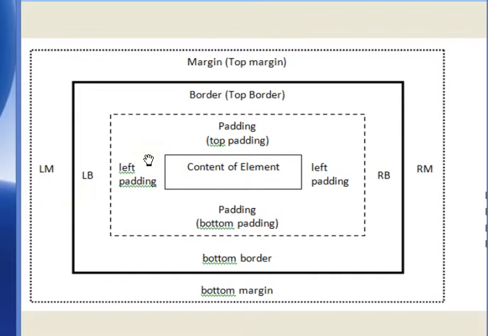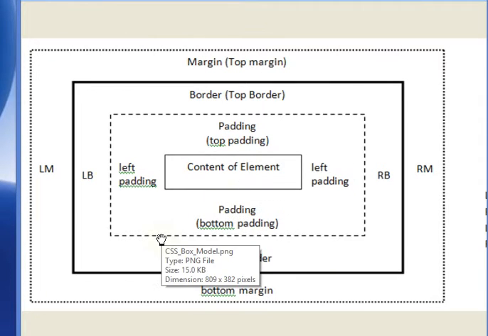Rectangles, right? You can see here this inner rectangle, then the rectangle of the dashed line, then the solid line rectangle, then the dotted line rectangle, right? So we'll see what exactly these things are.